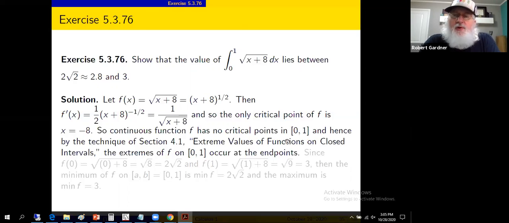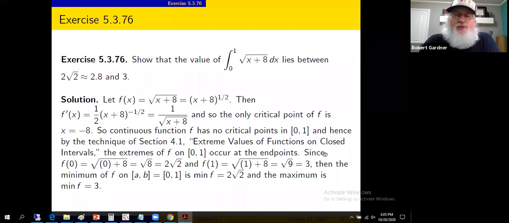The endpoints are 0 and 1. There are no critical points in that interval. -8 counts as a critical point, but it's not in this interval. So all we have to do is check the endpoints. At 0, the function takes on the value 2 times the square root of 2. And at 1, the function takes on the value square root of 9 or 3.